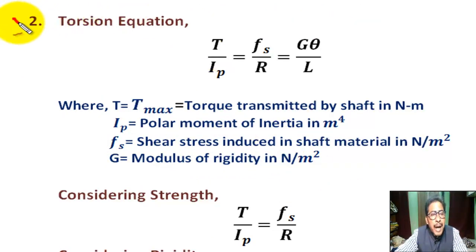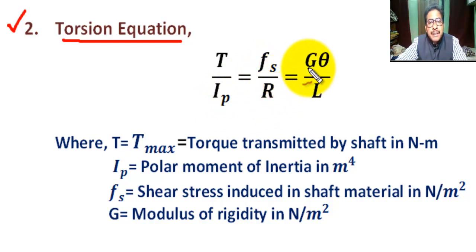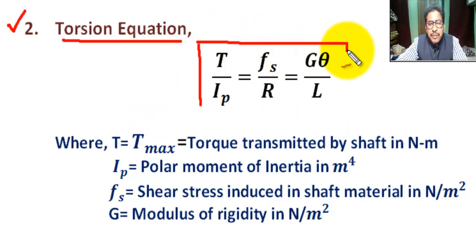Now, number 2, torsion equation: T by IP equals Fs by R equals G theta by L. This is the general equation of torsion.